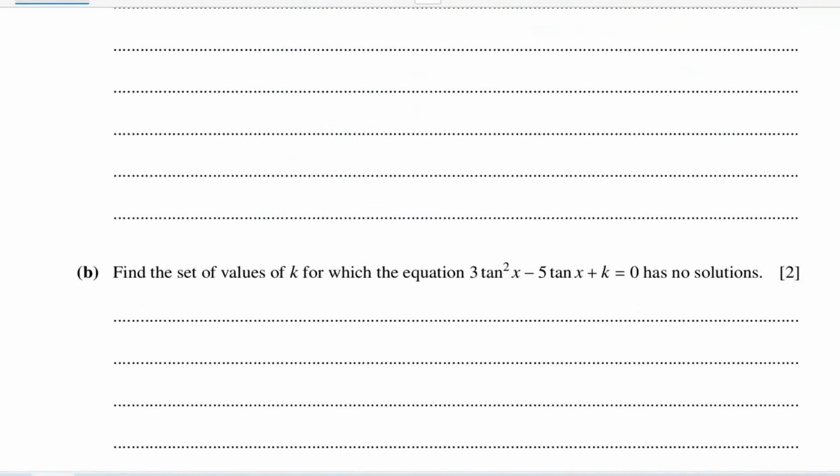Next part of the question is find the set of values of k for which the equation 3 tan square x minus 5 tan x plus k equal to 0 has no solution. It has no solution. That means b square minus 4ac is less than 0. So here b is negative 5 square minus 4 multiplied by a is 3 and c is k.